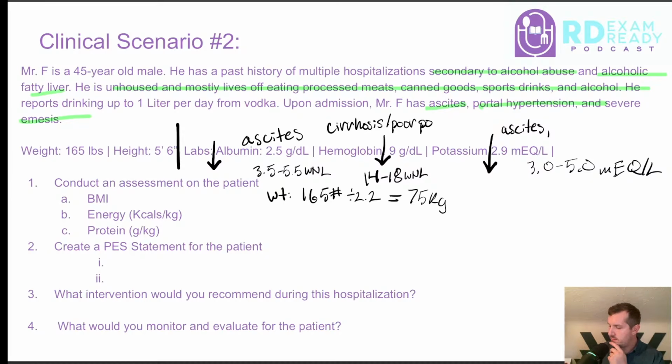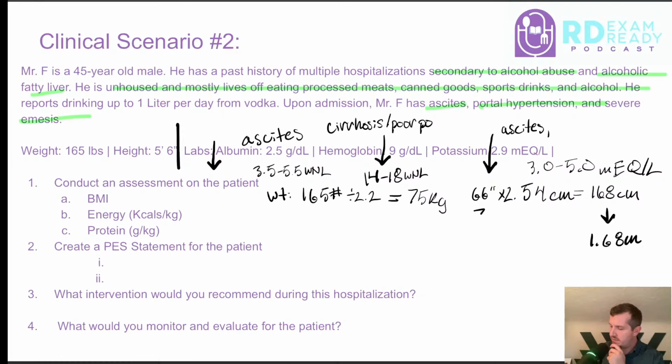His height is 5'6", so that's going to be 66 inches times 2.54 centimeters. It's going to be equal to 168 centimeters, which would be 1.68 meters.